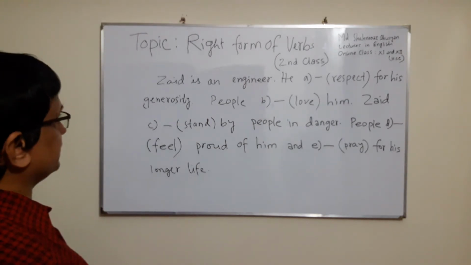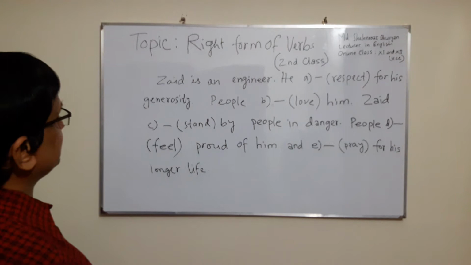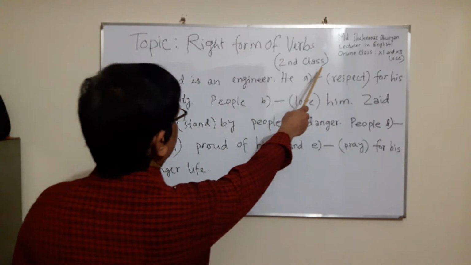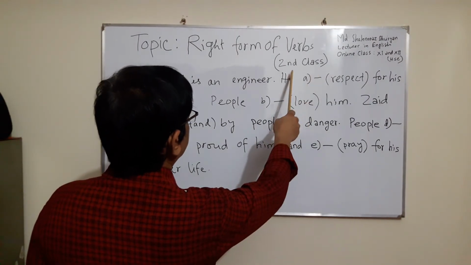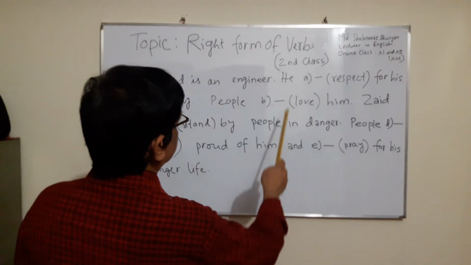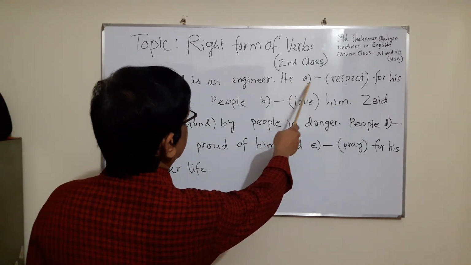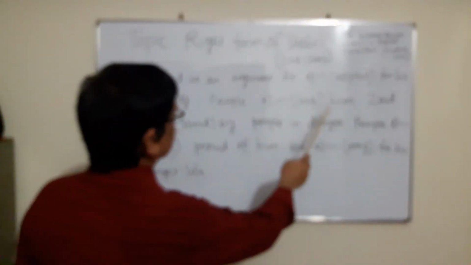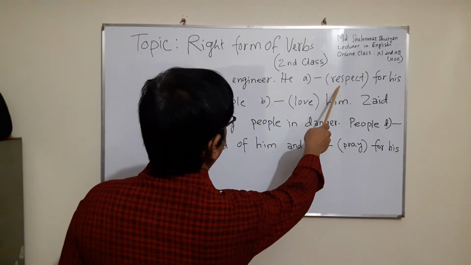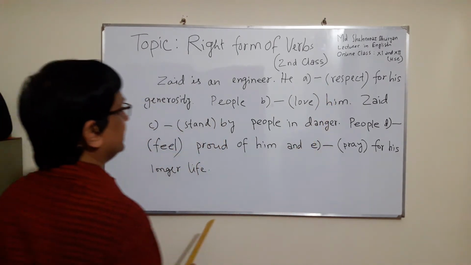If a sentence is in the present indefinite passive, just after the subject, an auxiliary verb will be used, according to the subject. Here the subject is in the third person singular number. As the tense is present indefinite passive, the auxiliary verb will be is, and we have to use the past participle form of respect. Its past participle form is respected. So the proper answer is respected.